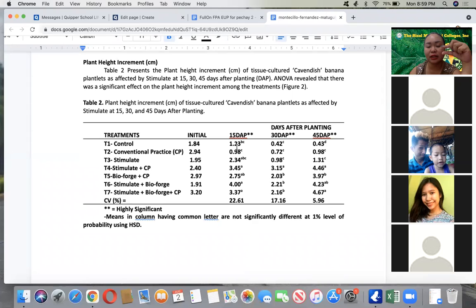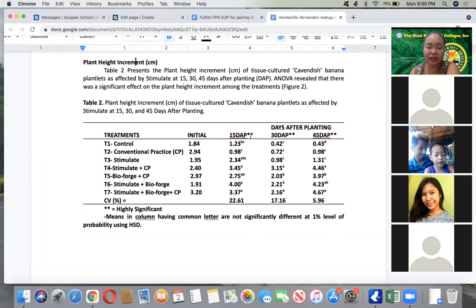So from 1.84, the difference of its height is 1.23. If you add the two, that is its actual plant height.